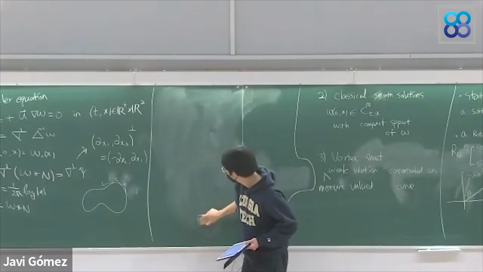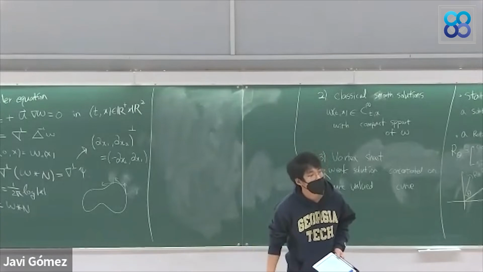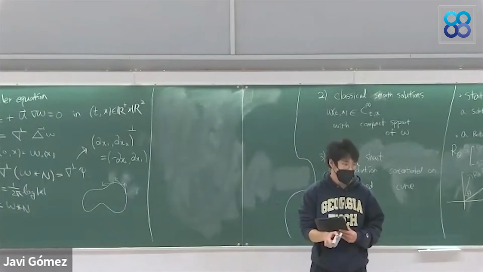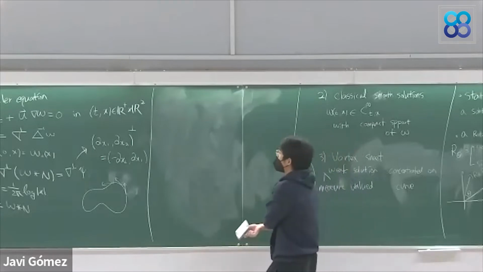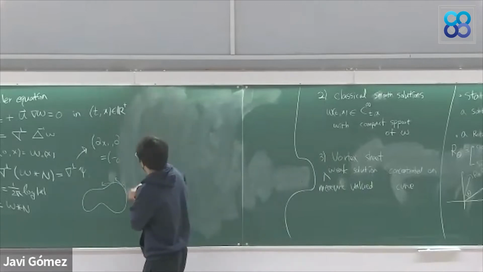Do you get any restriction on the relation of the constants on each component? Is it possible that these constants are any numbers, or do you get some restriction for that? It could be any number. Yes, yes.